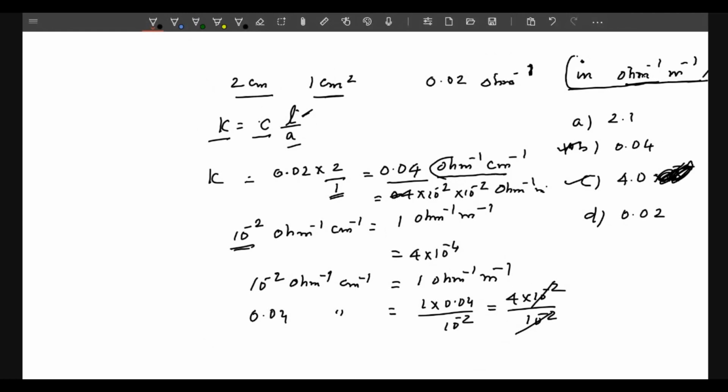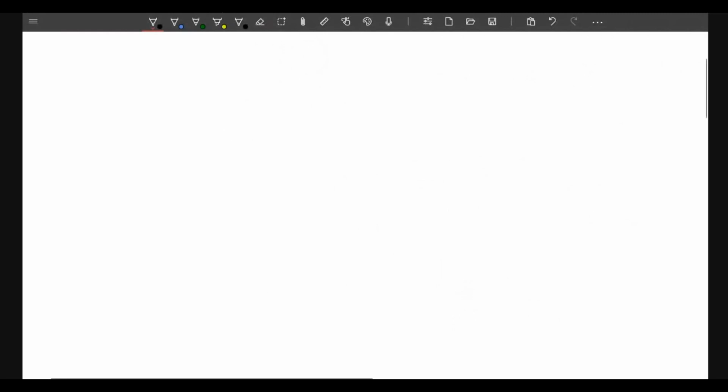Thank you very much. Now we will go for another type of problem, on the same conductivity, specific conductance. Take down this. A conductivity cell has two parallel electrodes 1 centimeter apart, with an area of cross section 0.5 centimeter square.